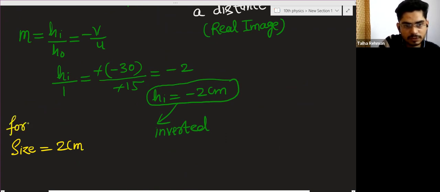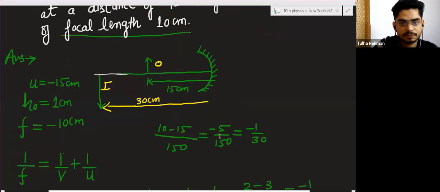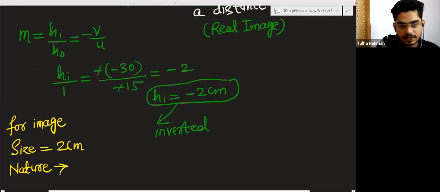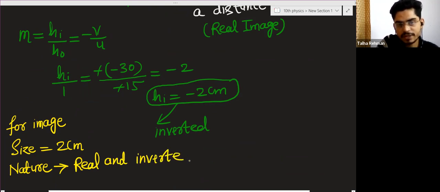You are writing all the things for image. And another thing was nature. Nature is real and inverted. You can guess this from this also. The image is inverted means the image will be real. Okay.